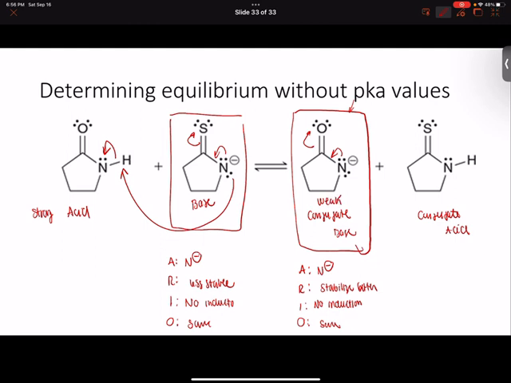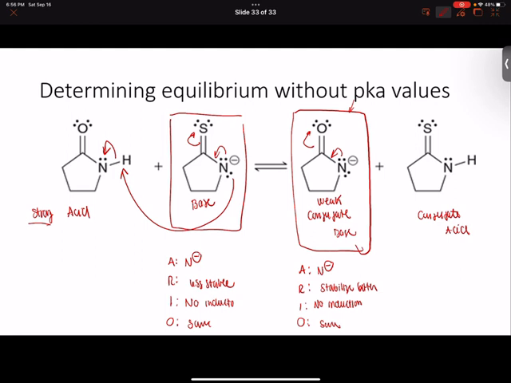So when we do ARIO and we're comparing molecules, we're comparing acidity, yes. So the winner for ARIO is gonna be the strong acid, weak base. So then we said it's gonna be a strong acid, but on this side it's gonna be a weak base.